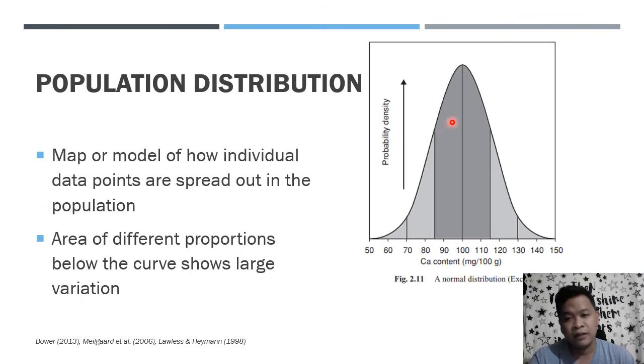And we take note that at different sections under the curve, there are large variations in the area that are covered, such as, for example, in this section, those with 50 to 70 milligrams per 100 gram calcium content cover a very small area as compared to just the area here from 85 to 100.